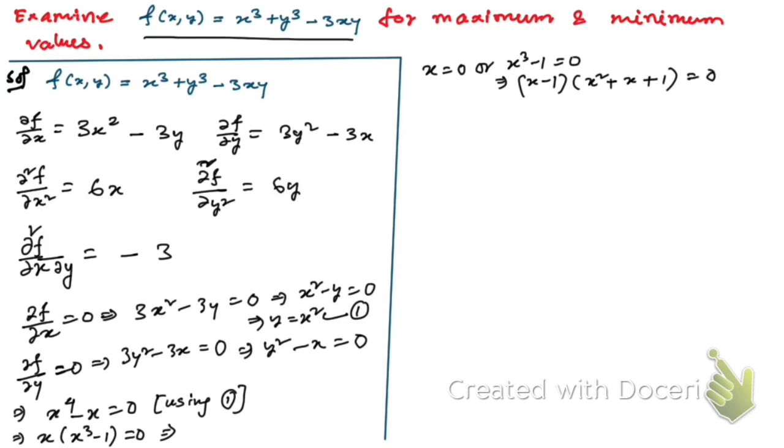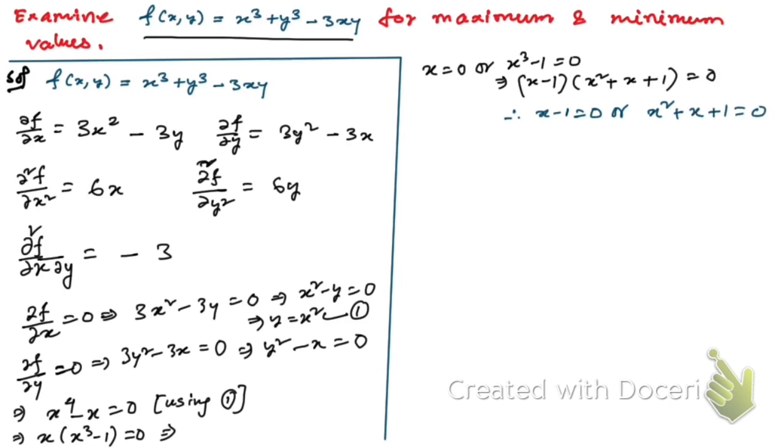That's it. We're gonna get that, right? Now if you solve this, then therefore x minus 1 equal to 0, or x square plus x plus 1 is equal to 0.